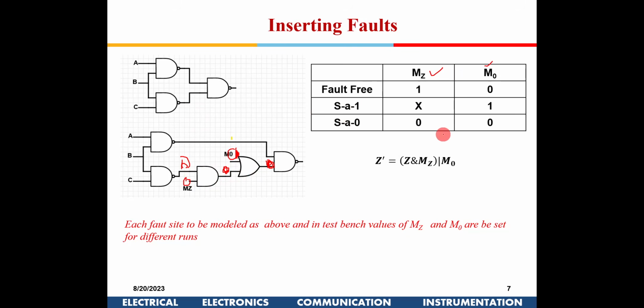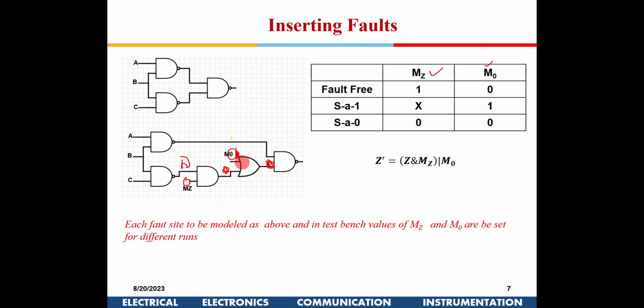So this becomes easy for automation. Otherwise you'll have to keep thinking about it, but if you have this as standard, inserted in all the fault sites, where this is the net and this is the node, you could write a code to insert these two additional gates and then use them as control inputs to simulate either a stuck-at-0, stuck-at-1, or no fault condition.